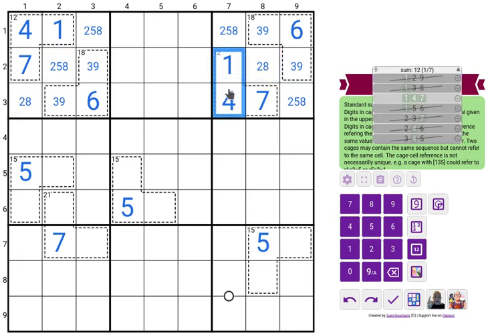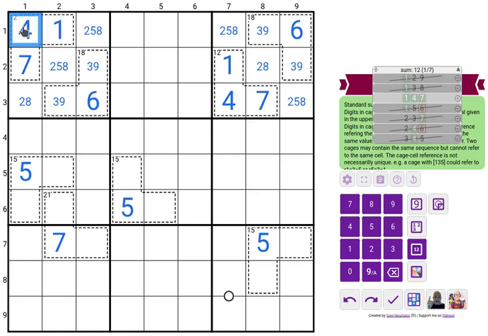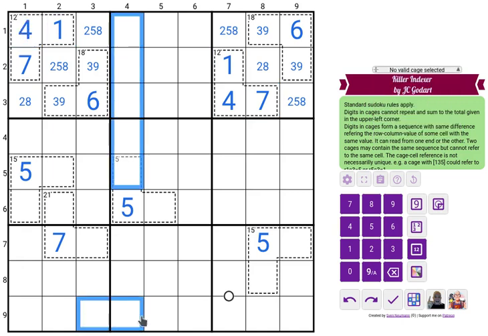So now we have two cages, 1, 4, 7. They cannot refer to the same cell. So it means that in row 4, column 1, we may have a 7, or in column 7, row 7, not this one, but this one, this is 7, we may have a 1.